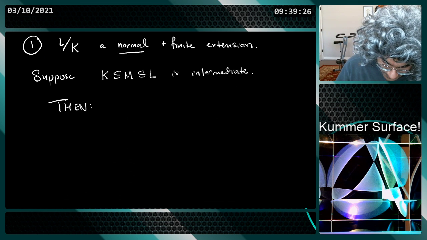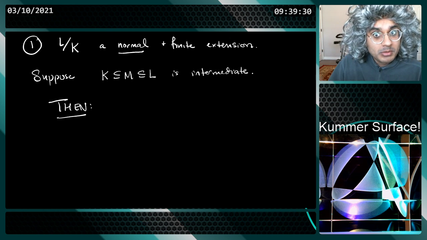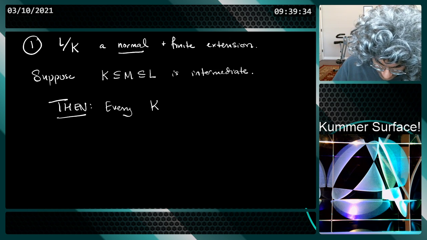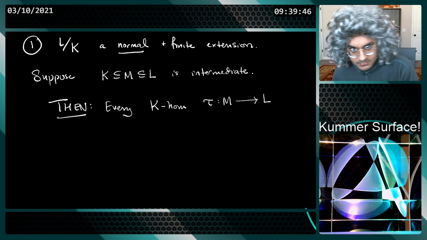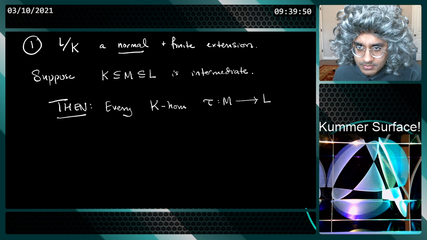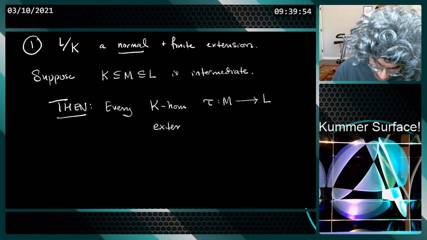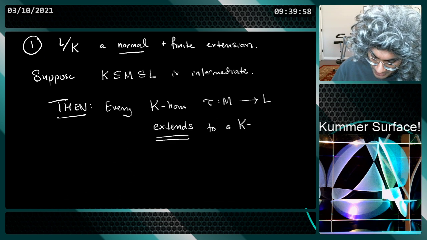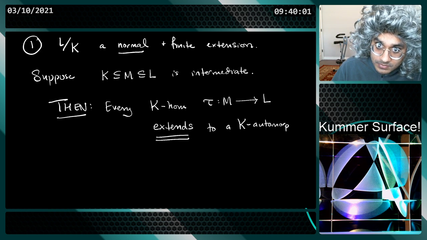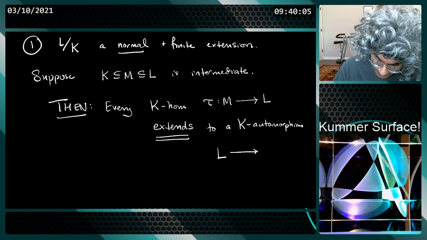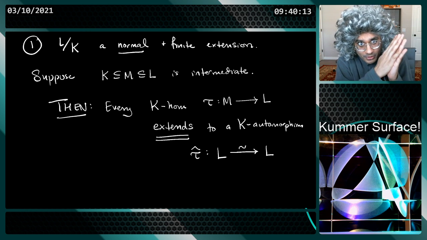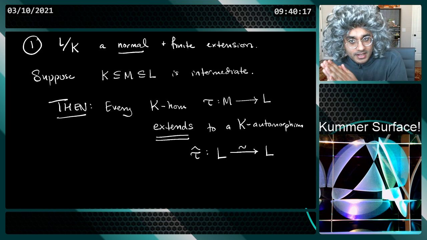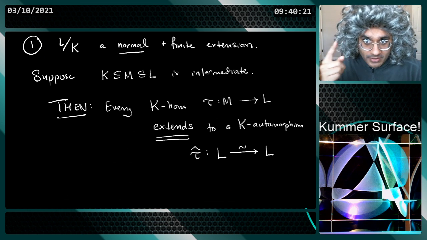Then every K homomorphism from M back into L extends to a K automorphism of the large field L. You can achieve, no matter how you do some field homomorphism from M into L, you can upgrade it to an automorphism of L within itself.